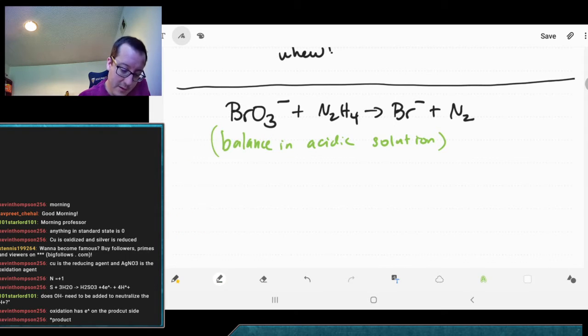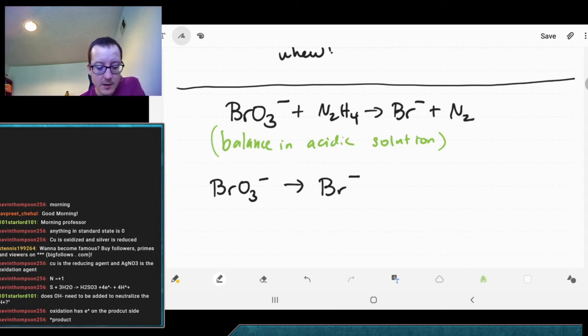Doesn't matter which one we do first, but I'll do the bromate one because I see that one first. That's just the way I like to do it. What type of thing is this going to be, by the way? For oxidation purposes, we have plus 5.